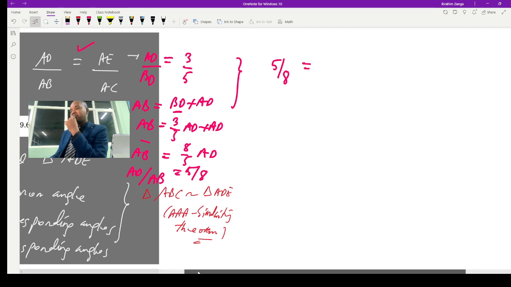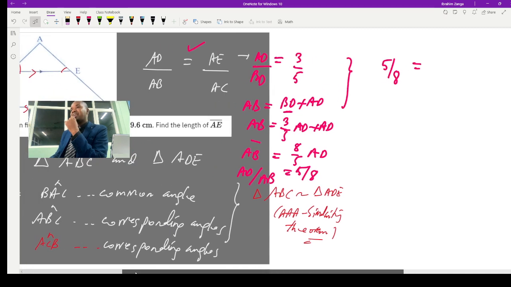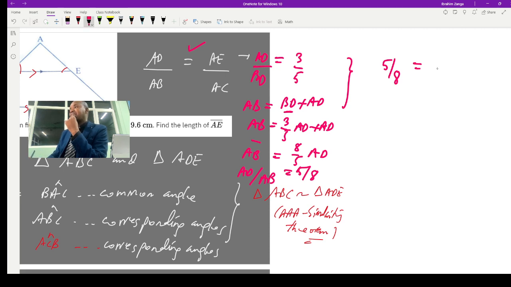We have AC actually, which is 9.6, and we are looking for AE. So I'll be taking AE over AC, which is 9.6 centimeter. So AE, dear students, will be 9.6 centimeter multiplied by 5 over 8, of course.